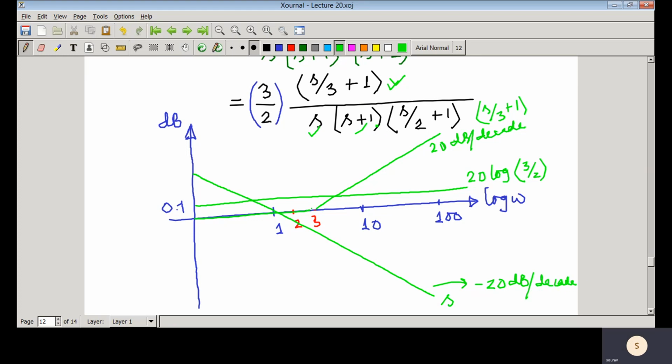So now for s plus 1, that means again we have a slope here, which is just overlapping. Here the corner frequency is 1, that means it will be overlapped with this particular one.